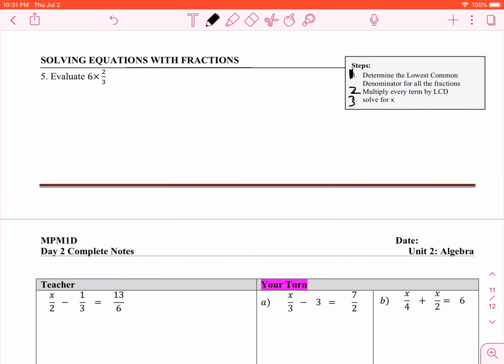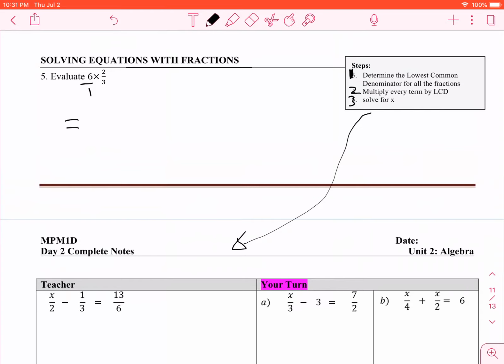Okay, so if I were to evaluate 6 times 2 over 3, like we did in our review, I actually would have put that over 1. The steps apply to just solving the equations in the questions we'll do following this. This is just a warm-up.